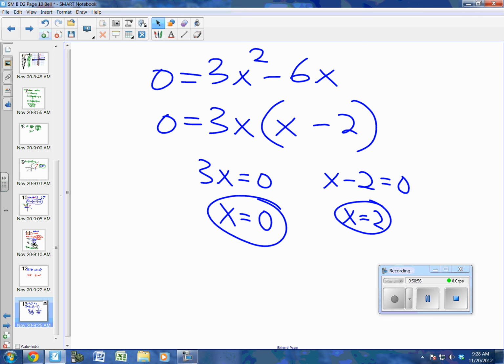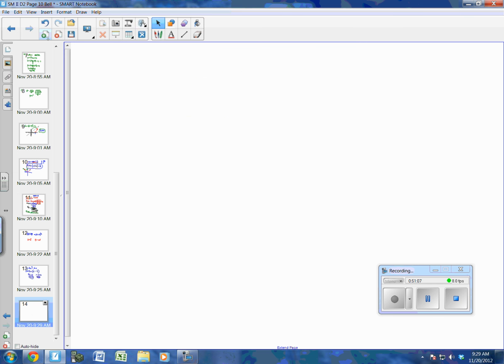Can you guys factor something, put it in factored form? Does everybody know how to do that? It's going to be something simple like this. It's going to say write this in factored form.